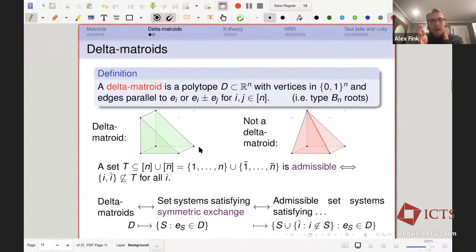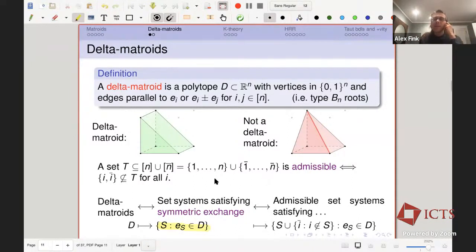And in a similar way, you can view it as a set system. In this case, the same thing. You look at the sets whose indicator vectors are in the delta-matroid, and you get this set system satisfying symmetric exchange. So I'm looking at this middle set system here. You can make that in exactly the same way as the matroid. So these are certain kinds of sets of subsets of 1 through n.